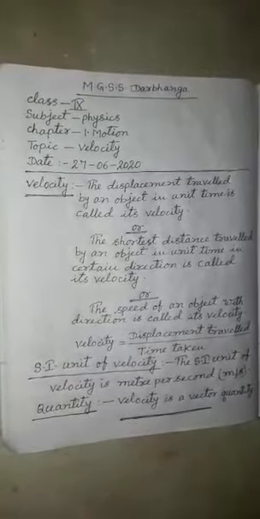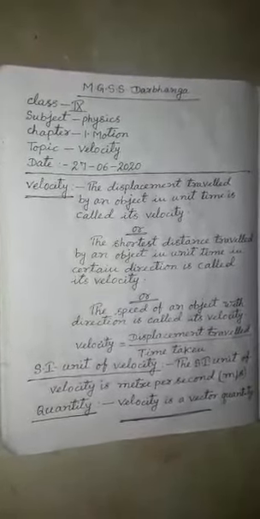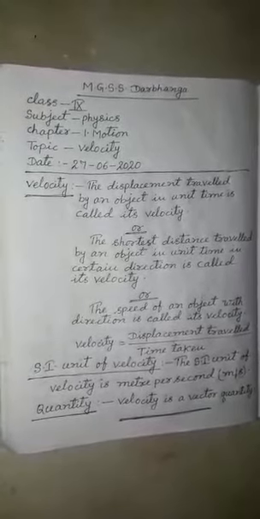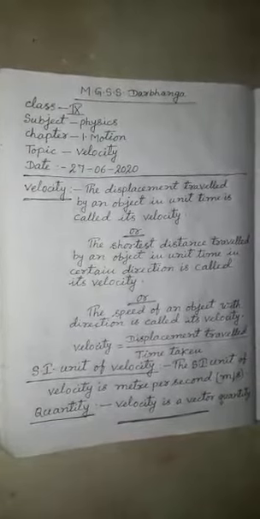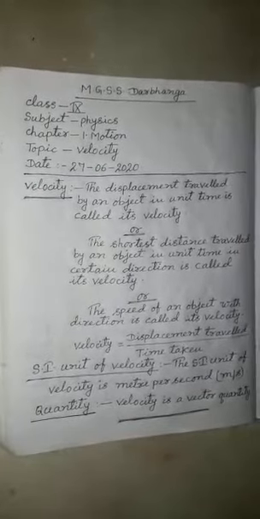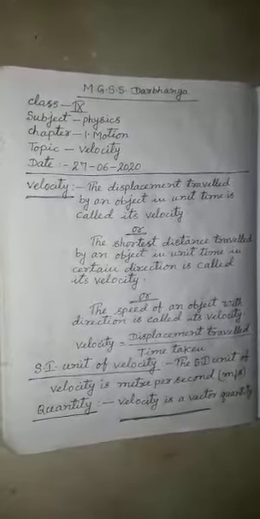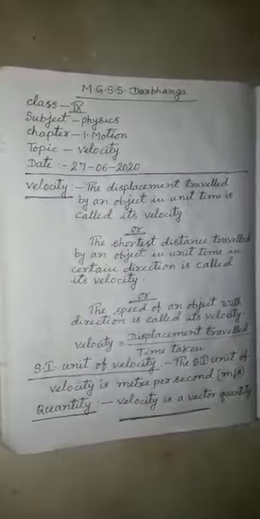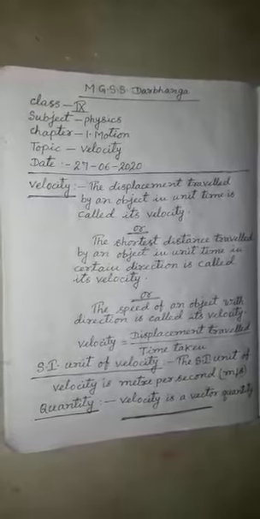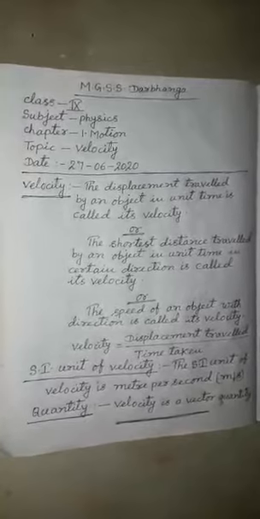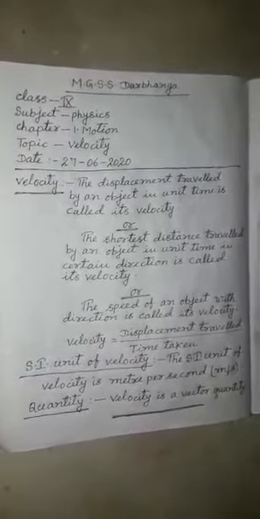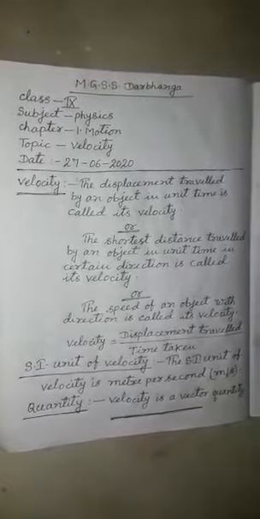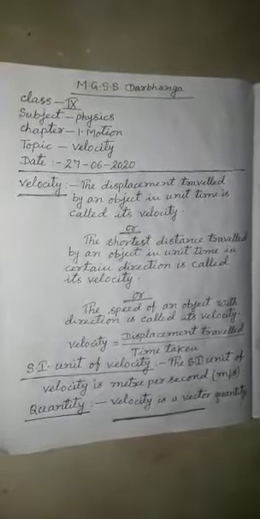Now the third definition, that is the speed of an object with direction. The speed of an object with direction is called its velocity. Now compare it with the second definition. Speed. What is the definition of speed? Its definition is the distance traveled by an object in unit time.